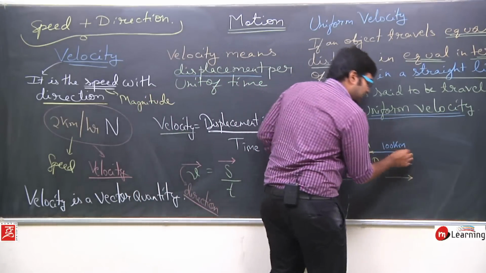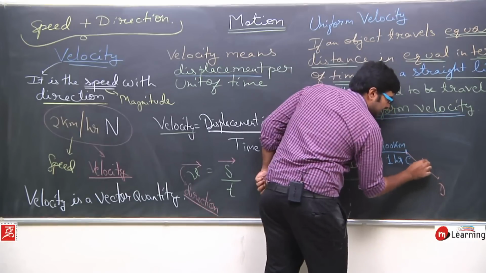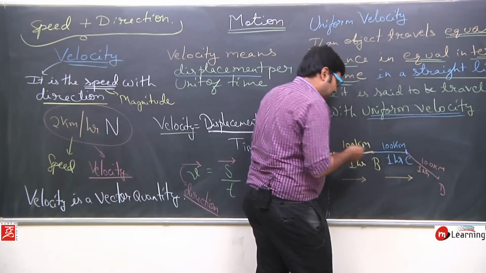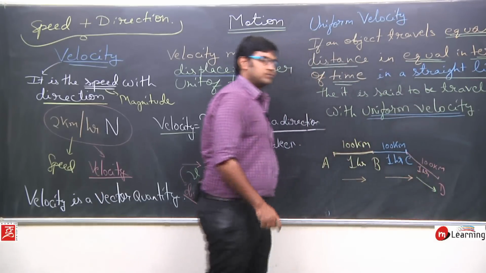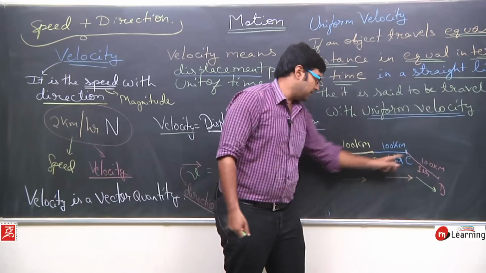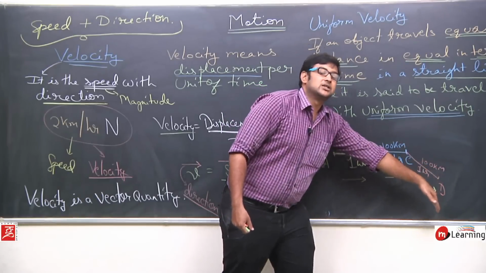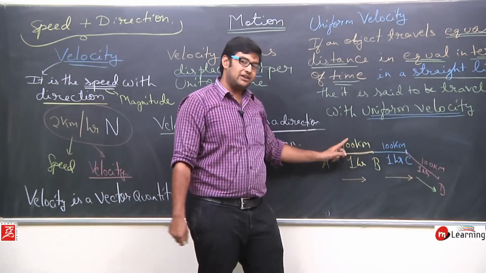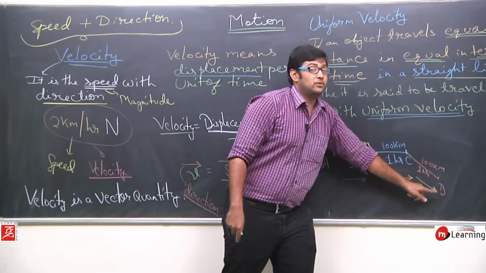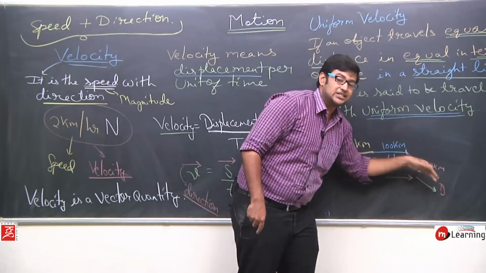But let us say it travels from point C to point D, 100 kilometers in 1 hour, but this time in a different direction. Just observe the figure, from A to B and from B to C it travels straight, but from C to D it travels like this. So he is traveling 100 km in 1 hour, again 100 km in 1 hour, again 100 km in 1 hour, but the direction is changed.